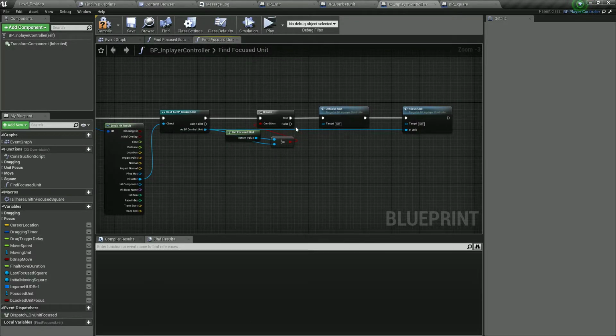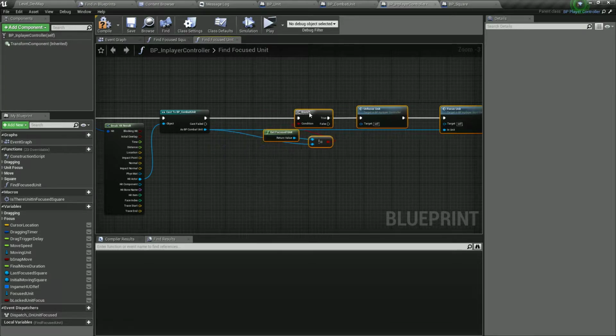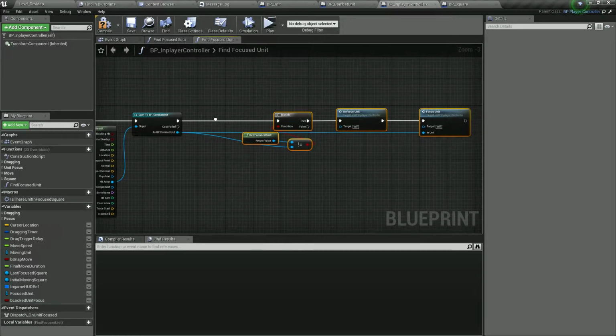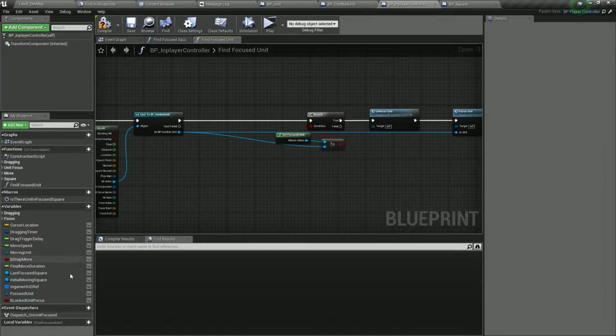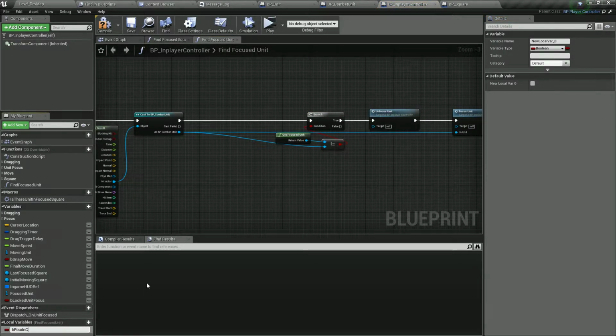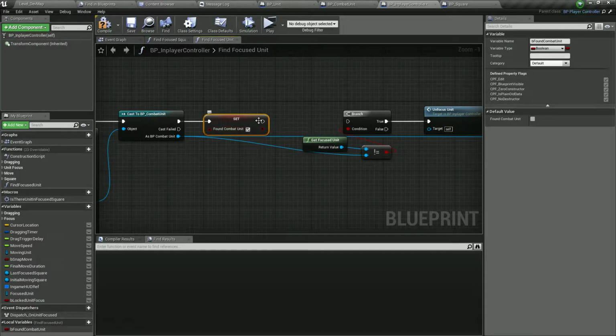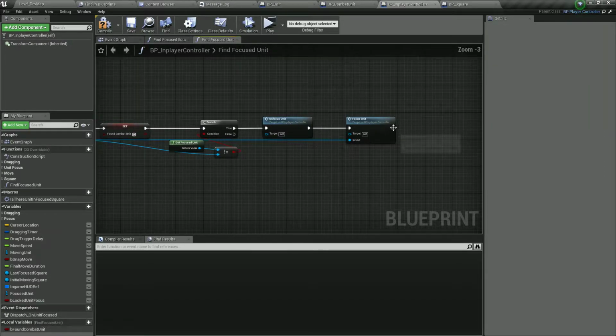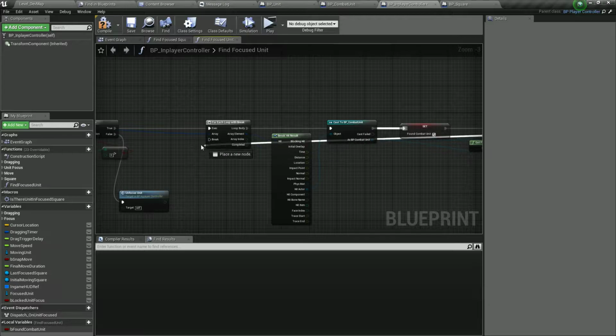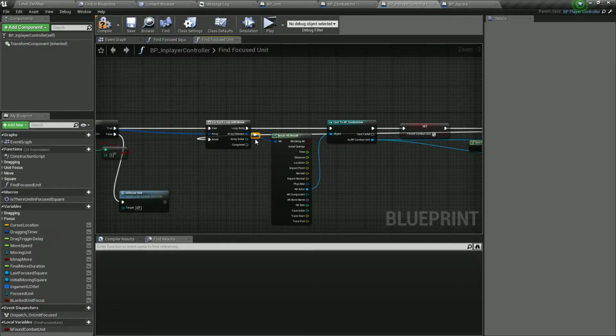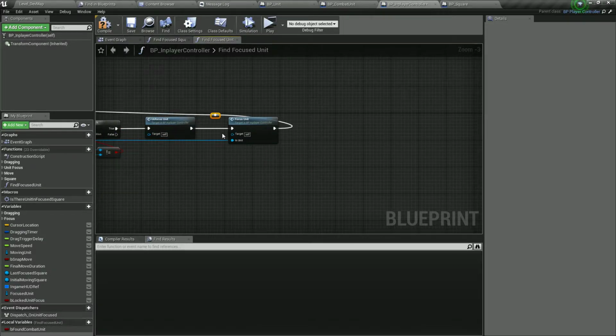So this is actually, if we go there, we're going to break. We found a combat unit, and we're going to break the loop because we like to break loops.